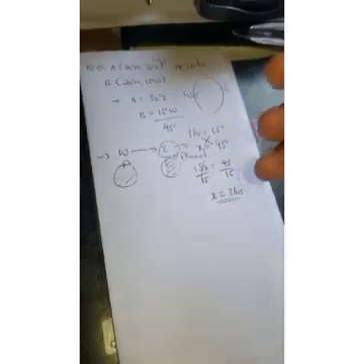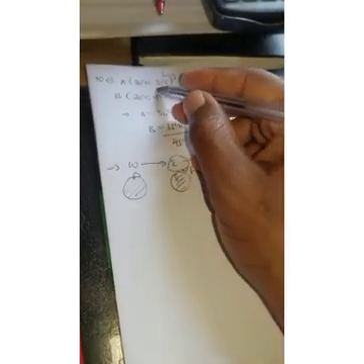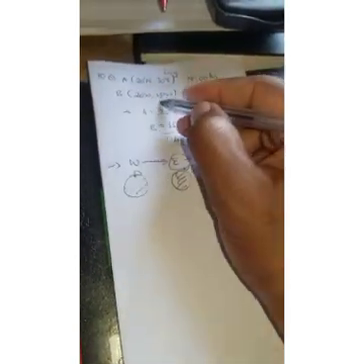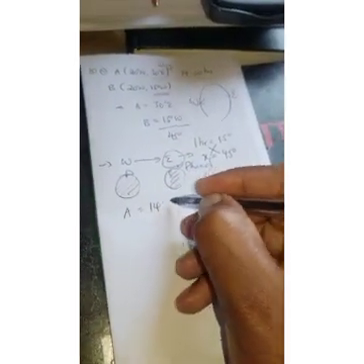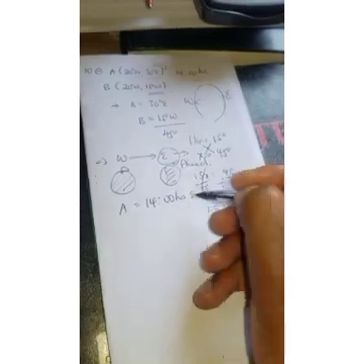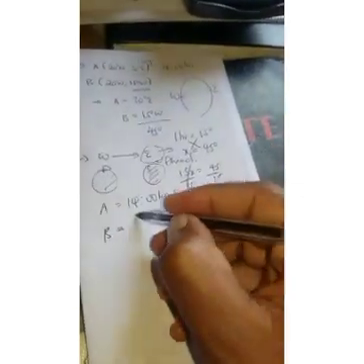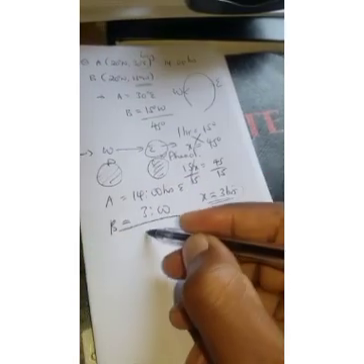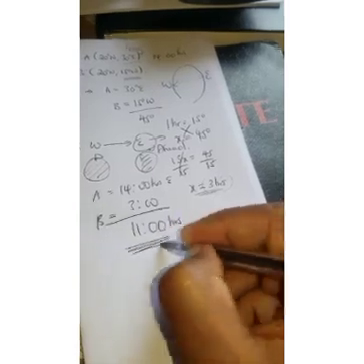So A is on the east, B is on the west. If at A it is 14 hours and this is east, then B, which is at west, should be 3 hours less. So the time at location B is 11 hours.